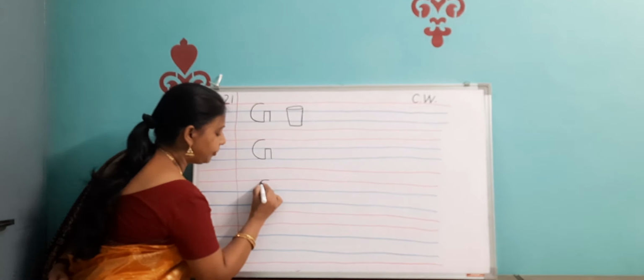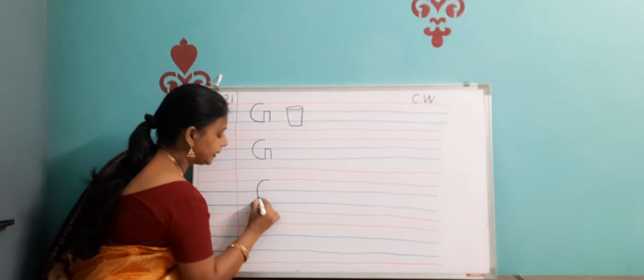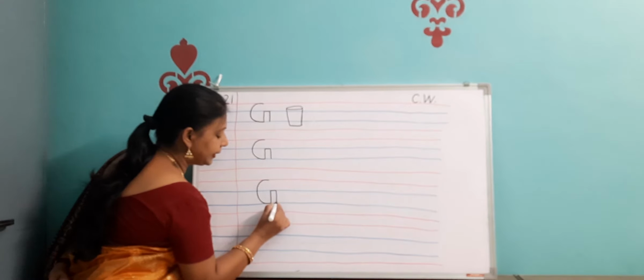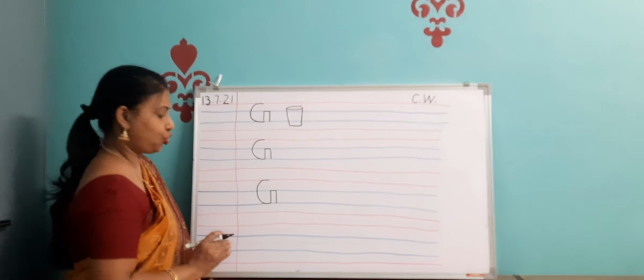So you start from here, 1st line, 2nd line, 3rd line. Okay, make a C. Go up to the 2nd line. Okay, make a standing line like this. Then on the 2nd line, make a small sleeping line. Then once again, come back, making a standing line. Come back to the 3rd line and stop.